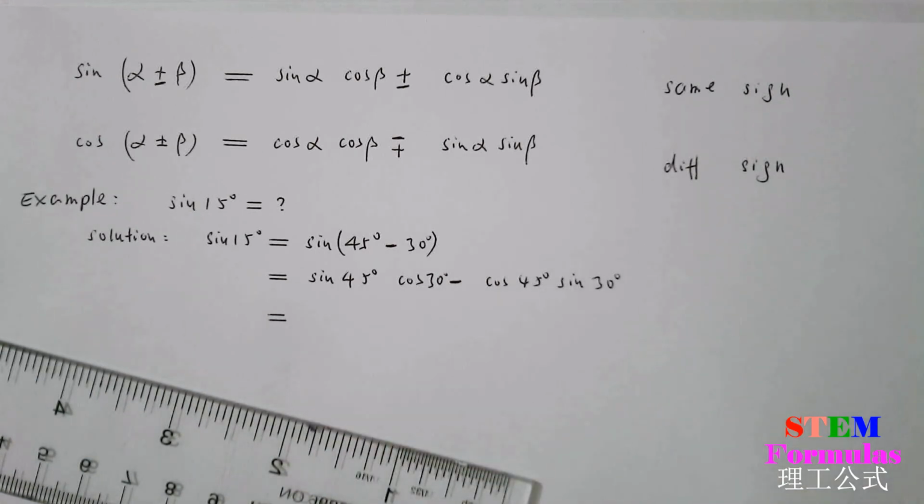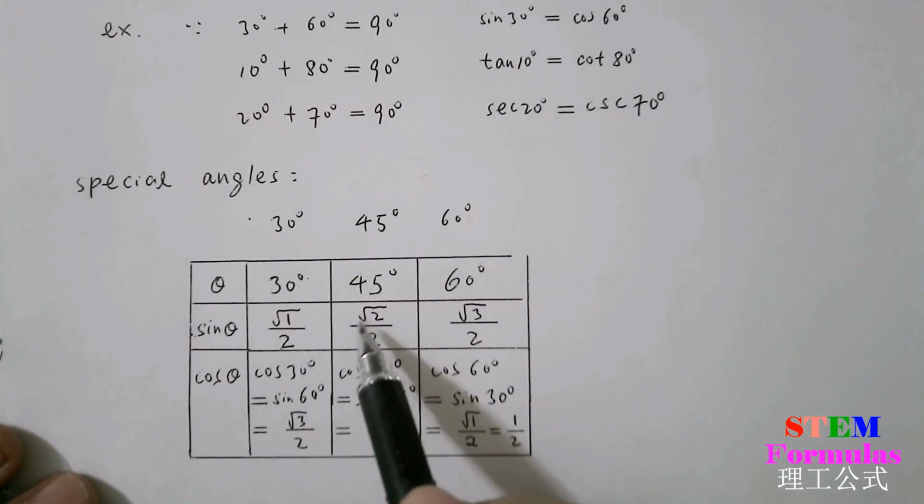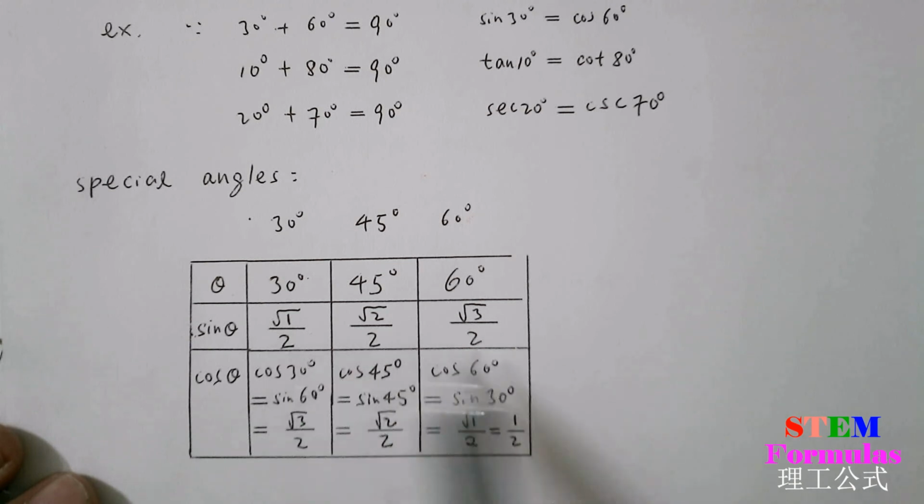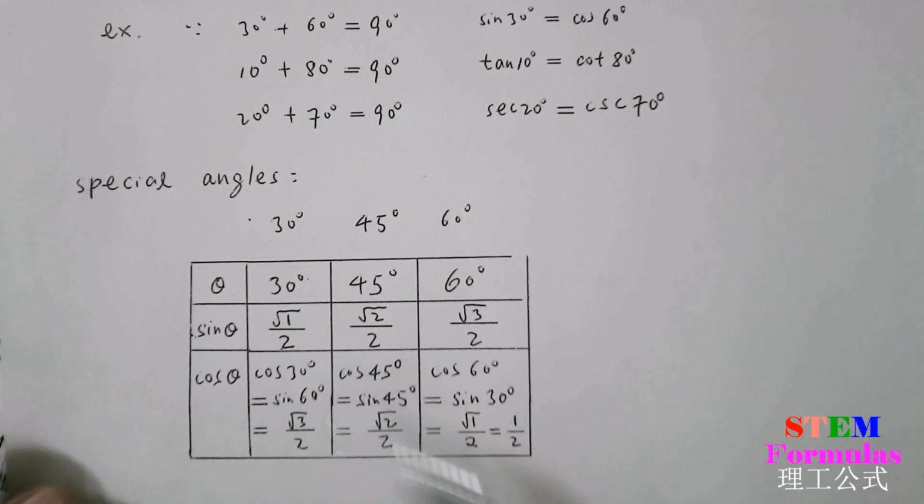So sine 45, we have here sine 45 is this one. We have special angles, this table.